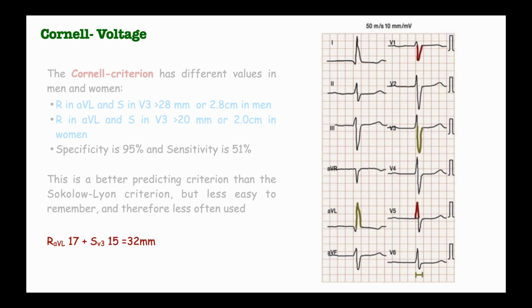The R wave in aVL gives us 17, and the S wave gives us 15, which is equal to 32 millimeters, or 3.2 centimeters, which is more than 2.8 centimeters in men as well as 2.0 centimeters in women. So we say there is left ventricular hypertrophy using the Cornell voltage criteria.